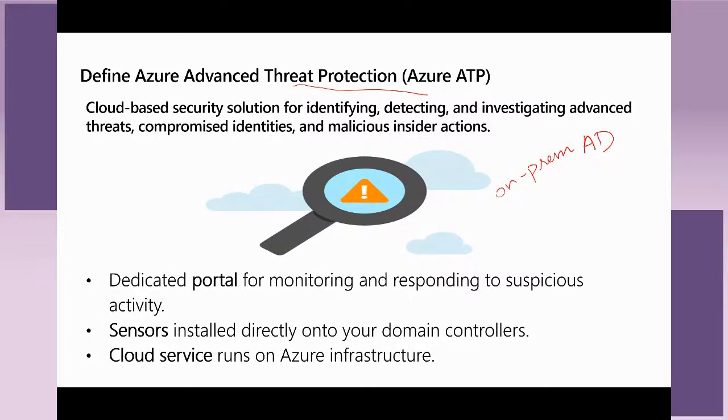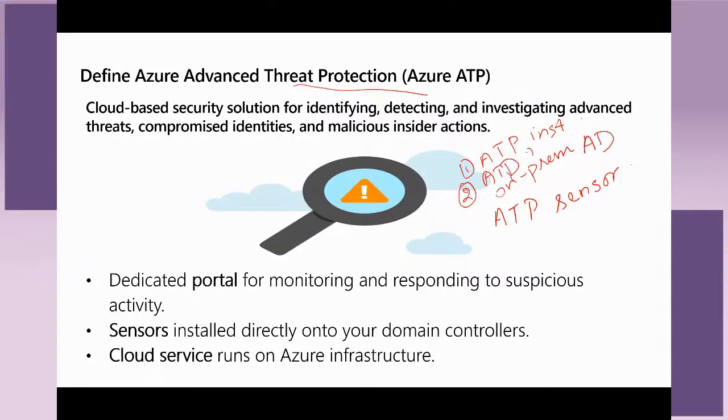Here you are going to create something called an ATP sensor. So what you actually do here is, as a first step, you create an ATP instance. As a second step, you attach this ATP instance with your Active Directory, Windows Active Directory, or on-premise Active Directory.